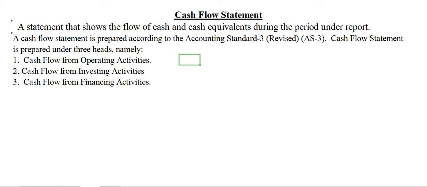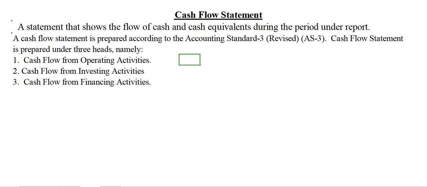And another heading is cash flow from investing activities. Investment here means investment of money in fixed assets. So due to investing activity, how much flow of money happens? That means for a purchase of assets, suppose we are purchasing assets.